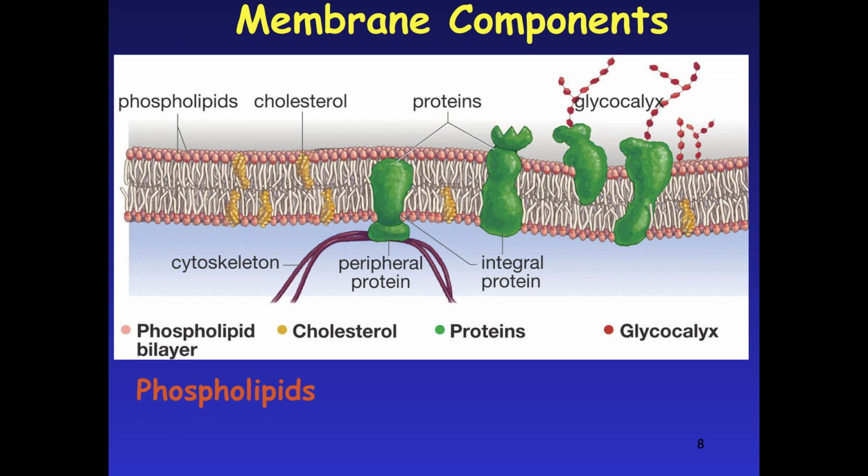Okay? Let's go through the different roles for these. Phospholipids provide the main structure of the plasma membrane. We'll talk about it, but they allow water to be attracted to either side, but not to pass through. Cholesterol maintains the spacing of the phospholipids.